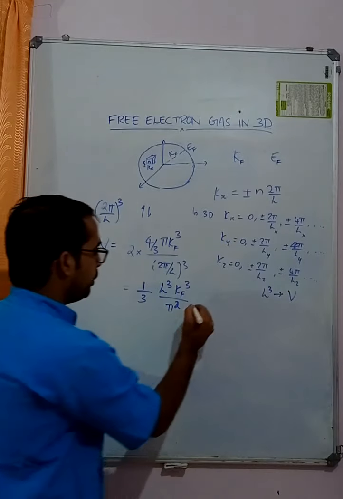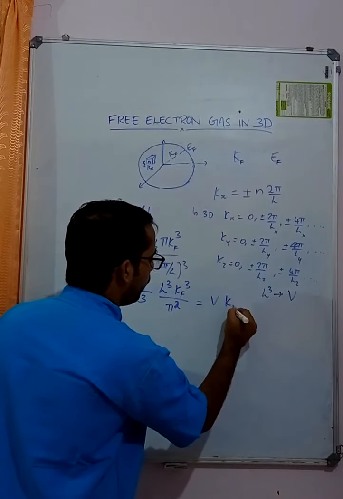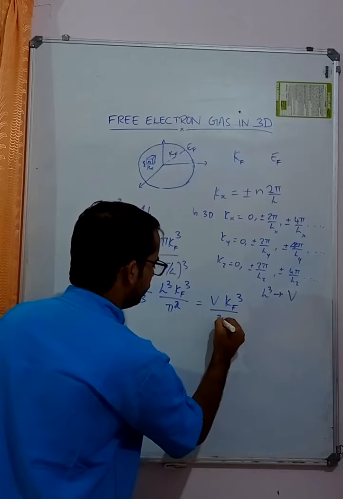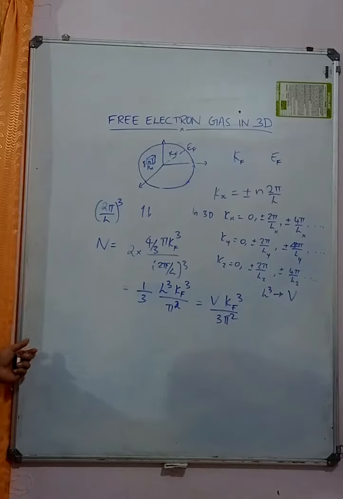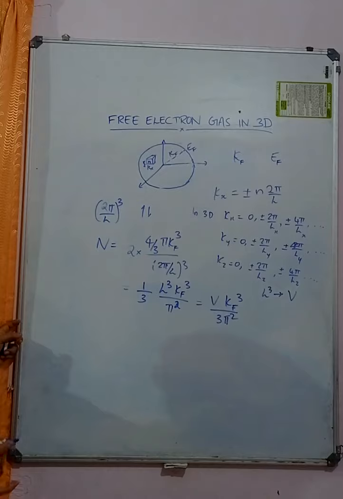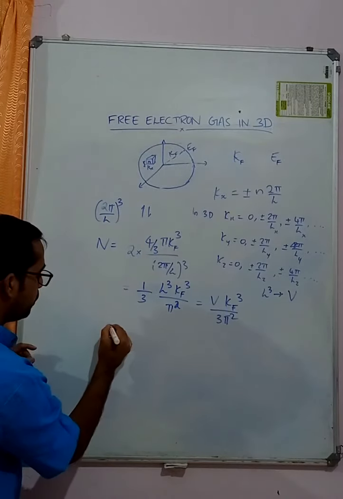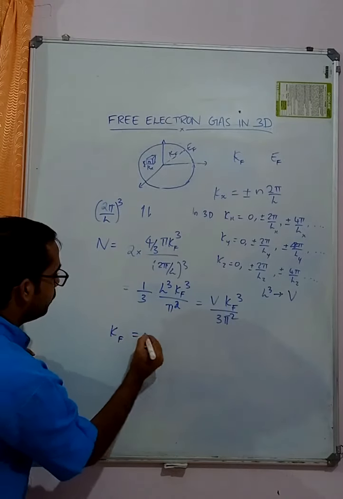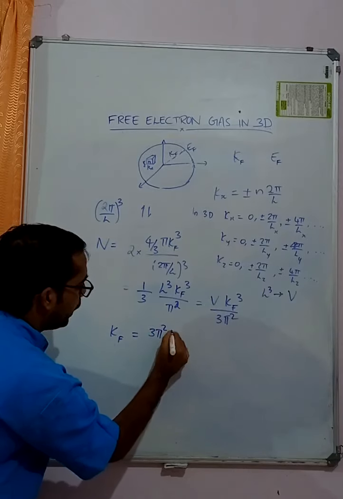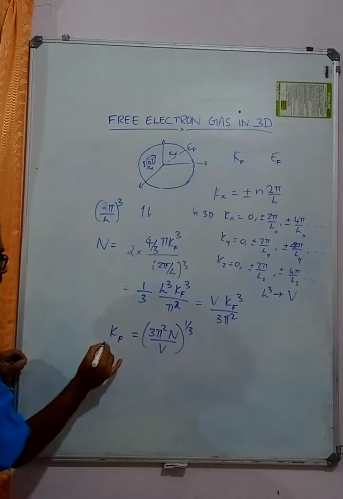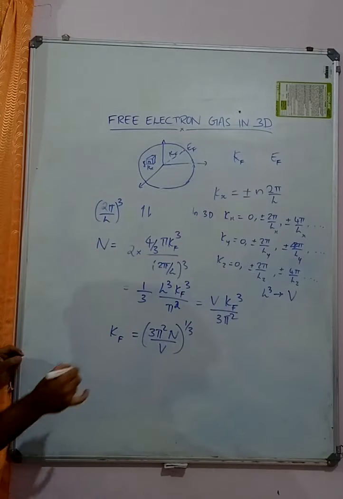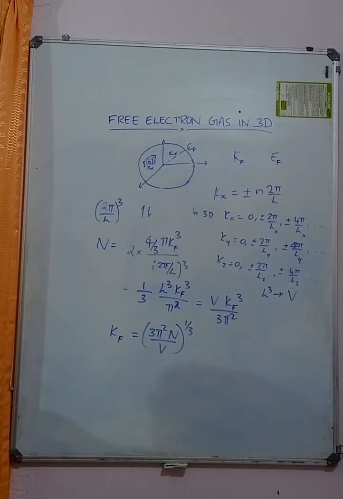So this will be V kf cube divided by 3 pi square, where kf is the wave vector corresponding to the Fermi energy, that is the radius of the sphere in k space. From this we get the expression for kf, that is 3 pi square n divided by V, all raised to 1 by 3. This is the value of kf, where n is the total number of orbitals.